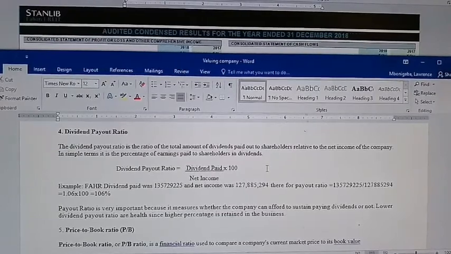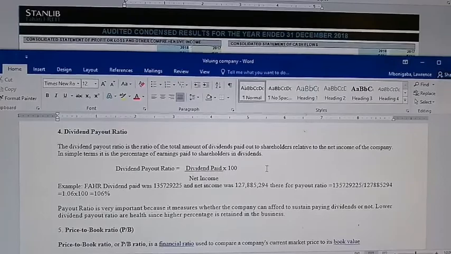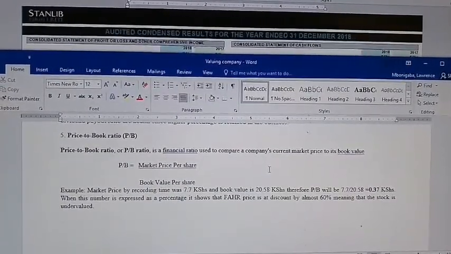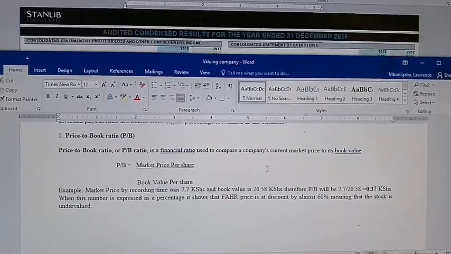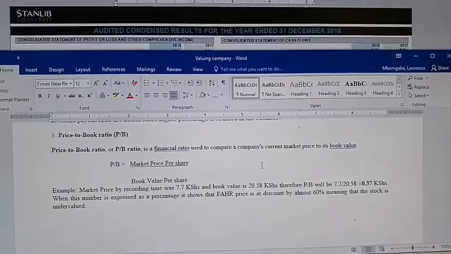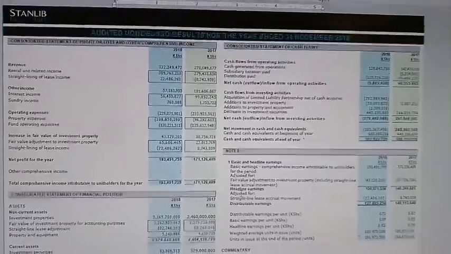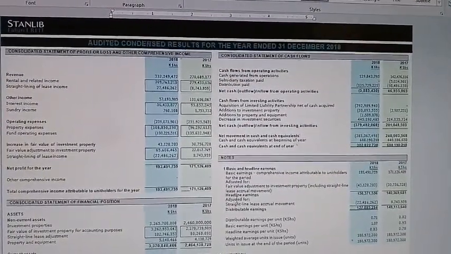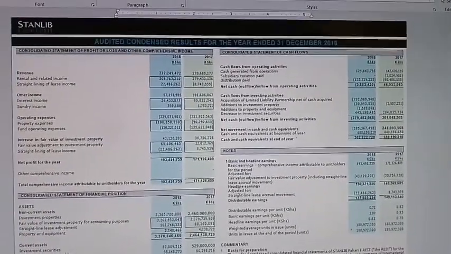As we are using the example of Fahali, the dividend that it paid was 135.7 million, and the net income was 127.8 million. Therefore the payout ratio will be 135.72 divided by 127.8 million, giving us about 100 percent.